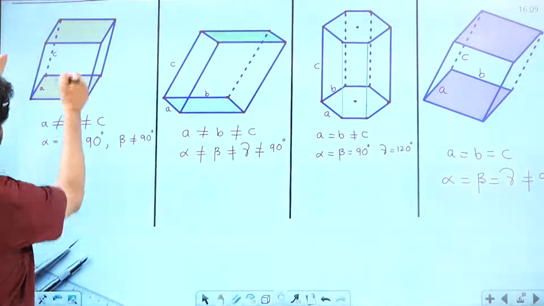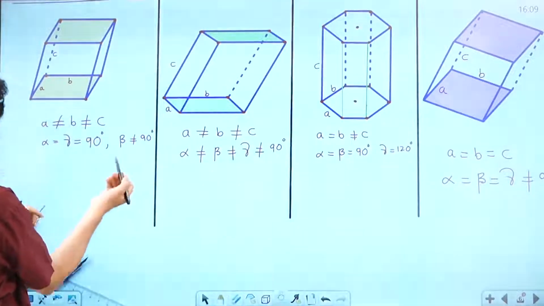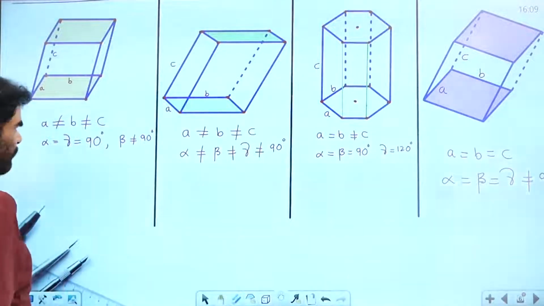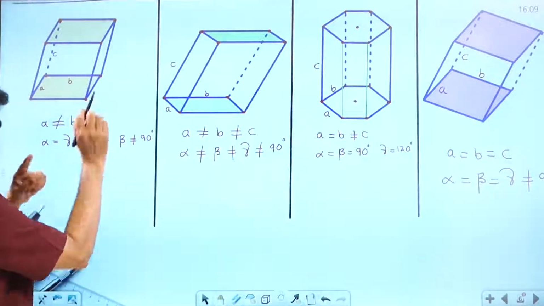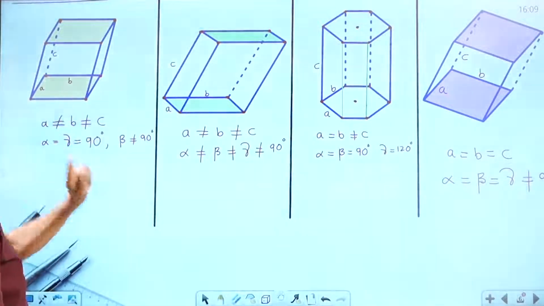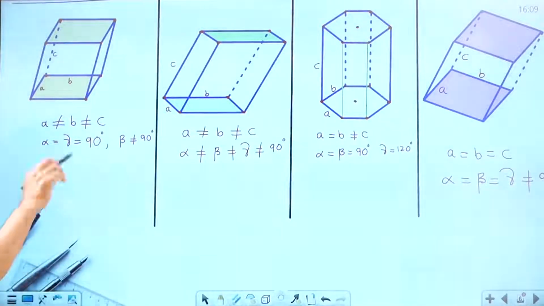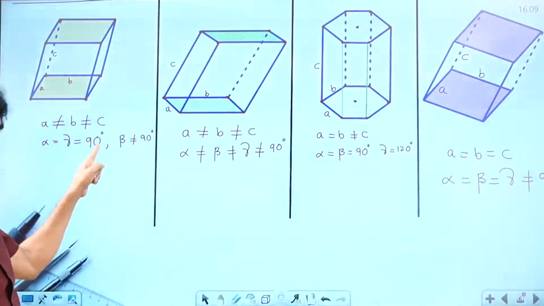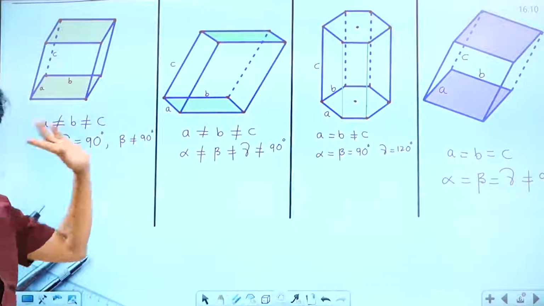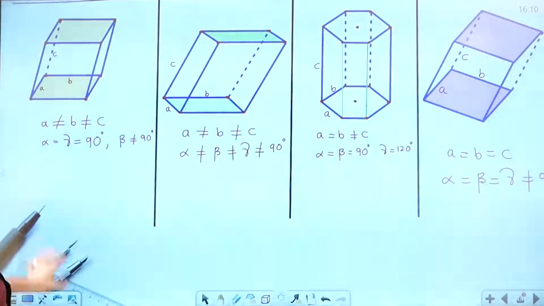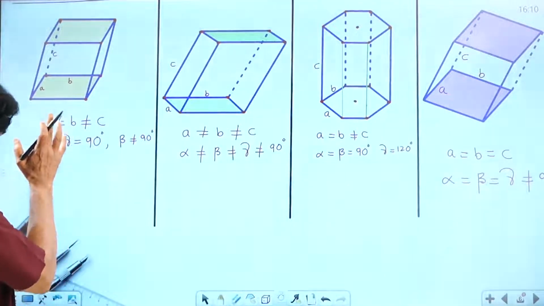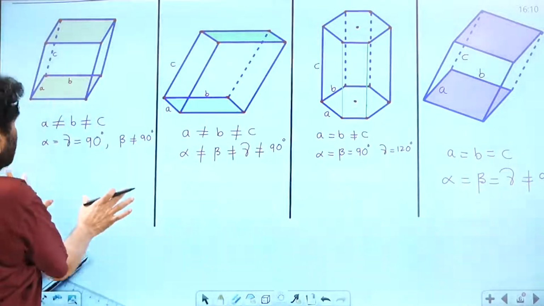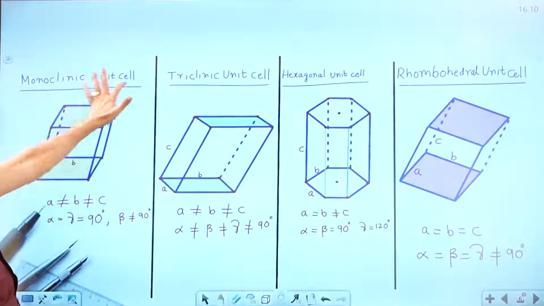One side is inclined, slightly inclined. Like orthorhombic, the edge lengths are not equal. In the orthorhombic, all angles are 90 degrees, but here 2 angles are 90 degrees and one is not. So if the unit cell satisfies these cell parameters, then it is called the monoclinic unit cell.